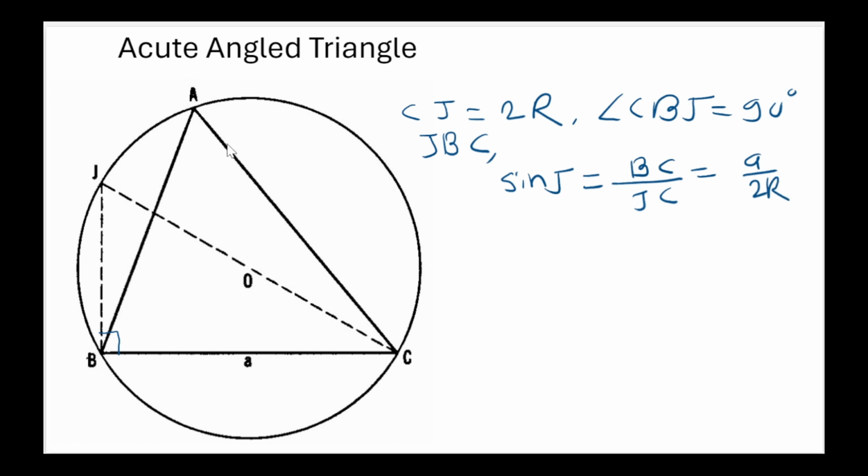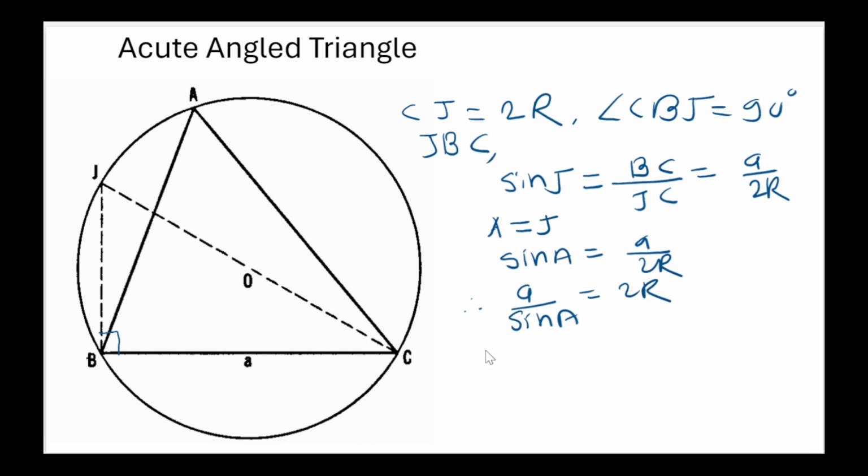Now if we look at this figure, we find that the angle A is inscribed in the same arc as the angle J. Therefore, angle A is equal to angle J. So sine A is equal to a upon 2R since angle J and angle A are equal. Therefore, I can write a upon sine A is equal to 2R.